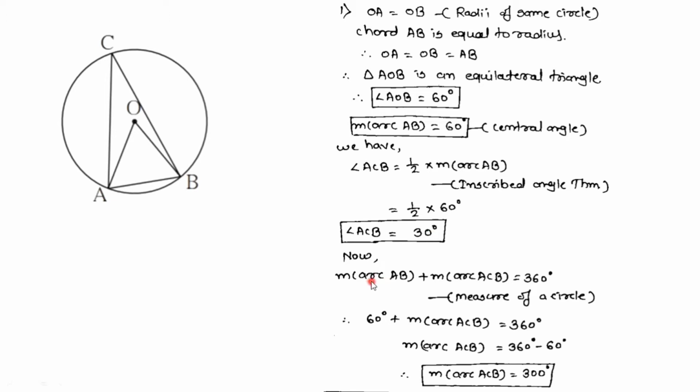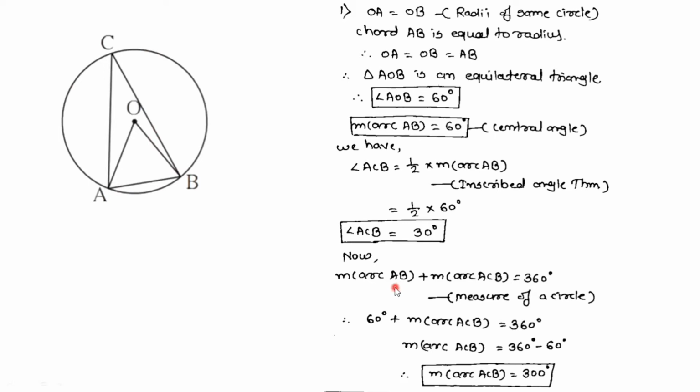And lastly, we have to find the measure of arc ACB. As we can see in the diagram, if we add arc AB and arc ACB, we get a circle. So measure of arc AB plus measure of arc ACB is equal to 360 degree, because we know that the measure of a circle is 360 degree.